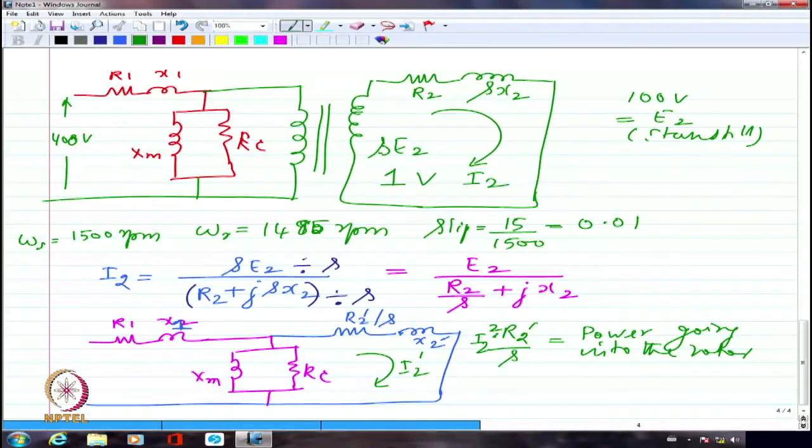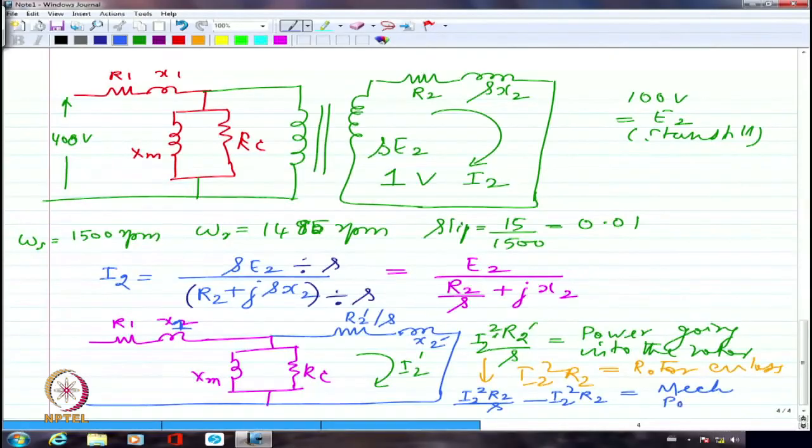Out of this, I2 square R2 is going to be the rotor copper loss. And whatever we get as the difference between these two, that is I2 square R2 by S minus I2 square R2, is going to be the mechanical power, because otherwise where will the motor get the power to rotate from? It has to get it from here.